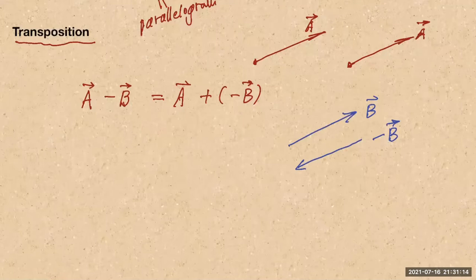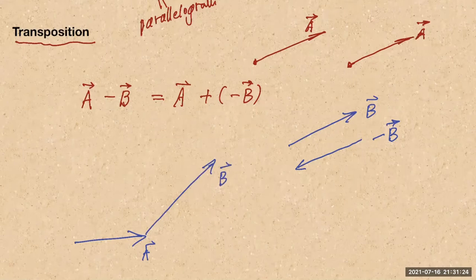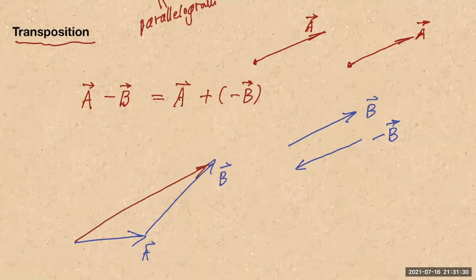So let me draw vector A plus B now. Here is vector A, and here is vector B. Let's say A and B look like this. So A plus B would be like this. All right, A plus B would be this red vector. So what is A minus B then? Well, simple.